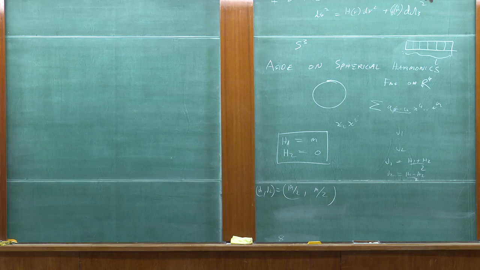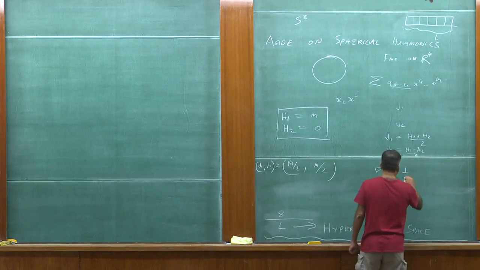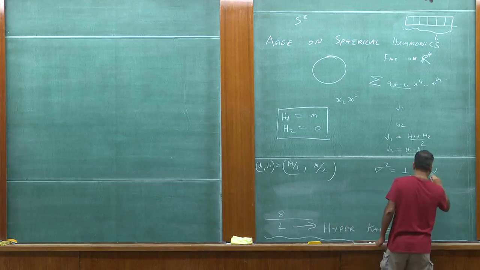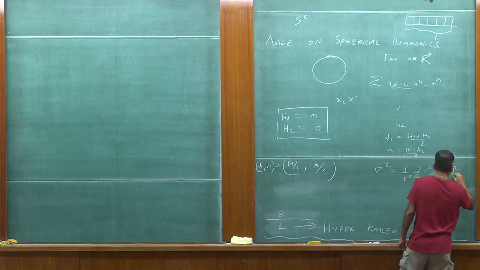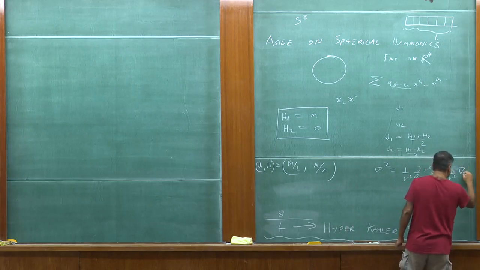I said it wrong. Del squared is plus 1 by r squared del S3 squared.